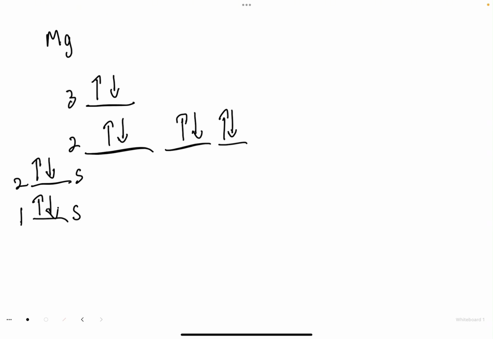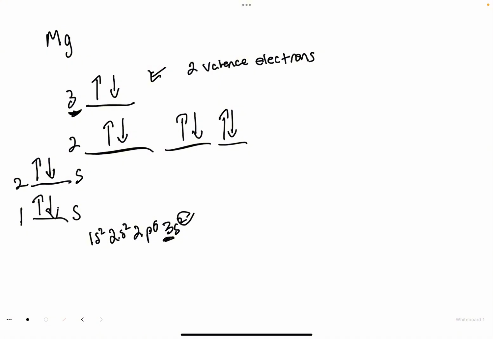Based upon this diagram, you can tell that there are only 2 valence electrons, simply because it's already at the highest level. If we were to write this in electron configuration, we would do 1s2, 2s2, 2p6, 3s2. In this highest level, there's only 2, so there are 2 valence electrons.